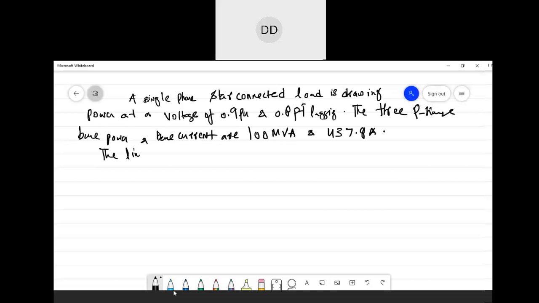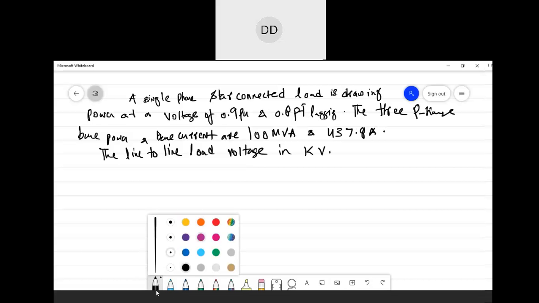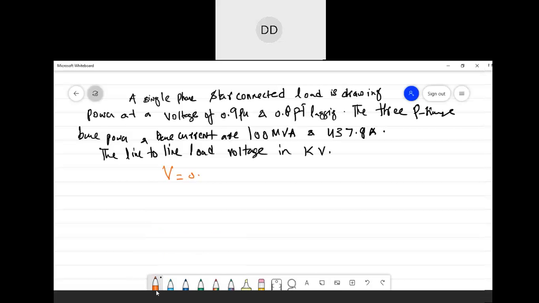Calculate the line to line load voltage in kV. The number one thing you will notice is that voltage is equal to 0.9 per unit, and the power factor is given.